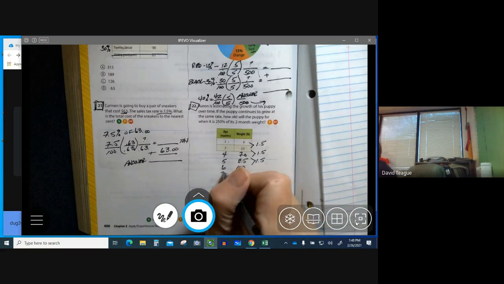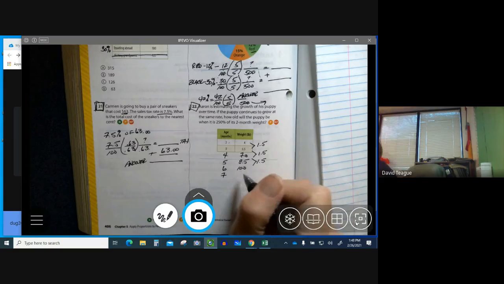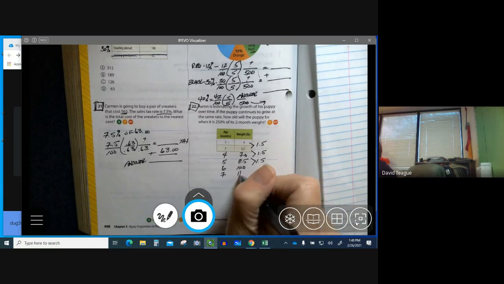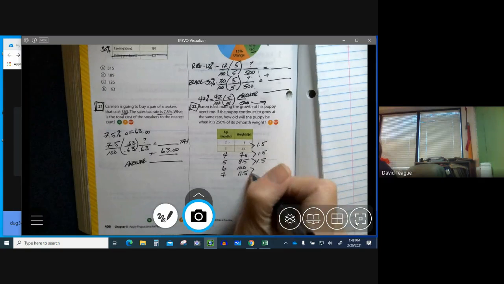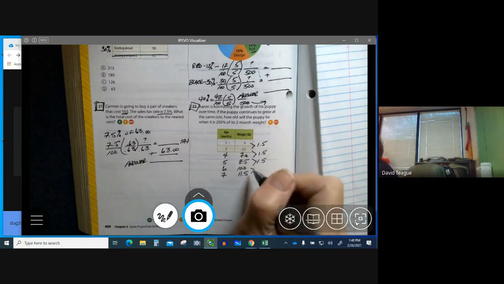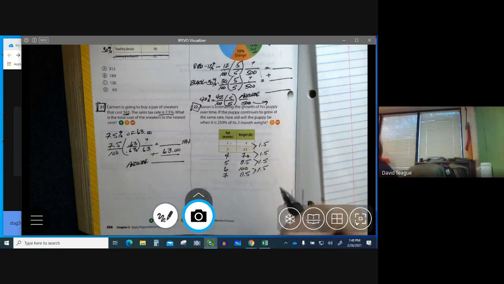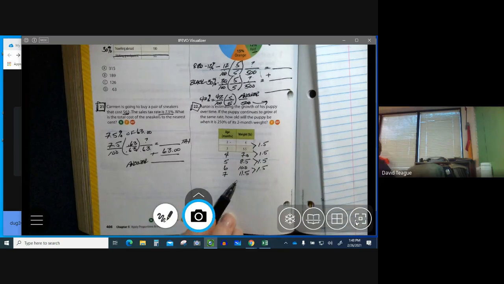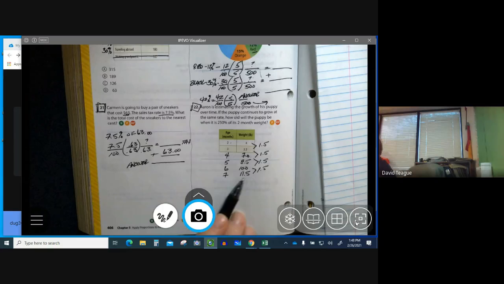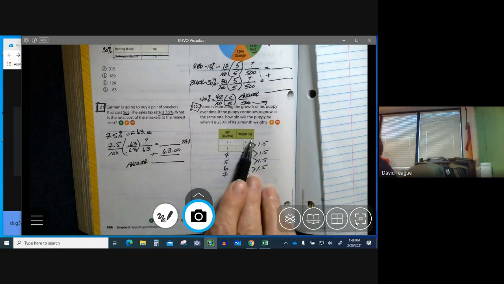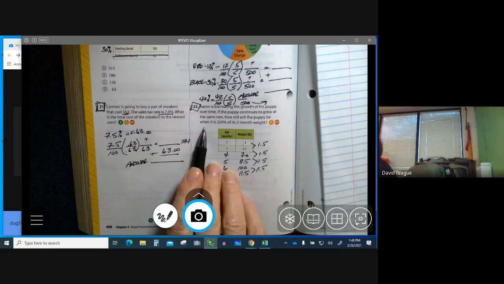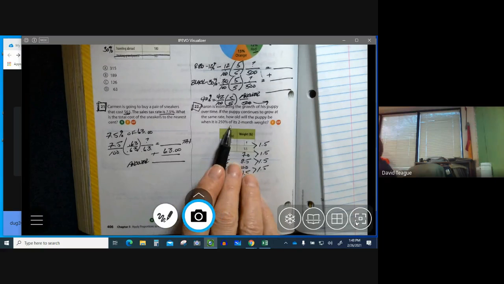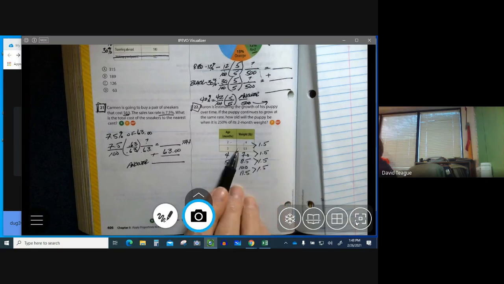We'll go one more: 7 months would be 11.5 pounds. So you have a unit rate and a rate table here. We know how many months and how many pounds if he's growing at this rate, but we want to figure out 250% of 4.